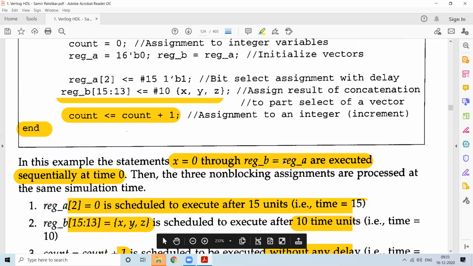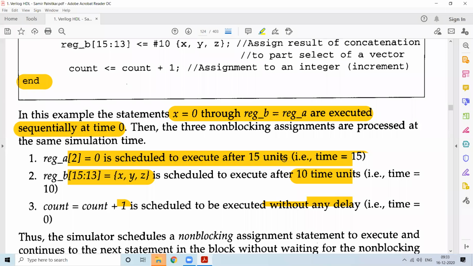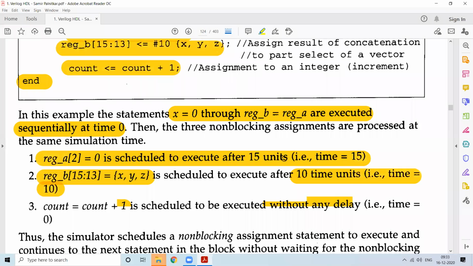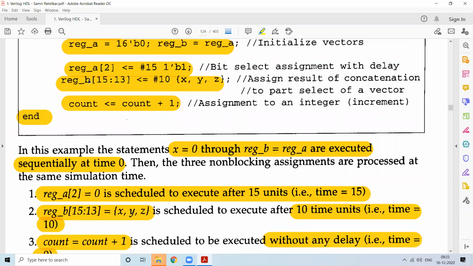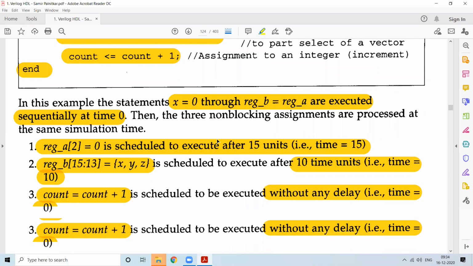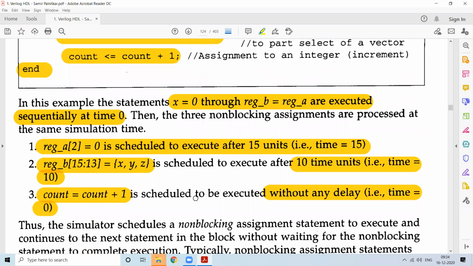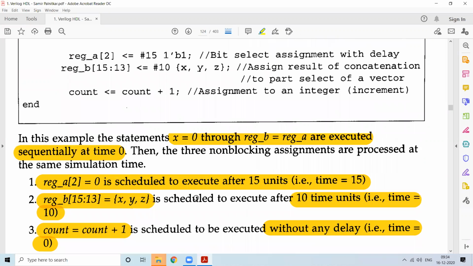So this is what was happening in the case of blocking. If they ask for differences between blocking and non-blocking assignment statements, you can take an example with the same assignments, modify a few of them as non-blocking, specify some delays, and then you can see what the difference will be. So this is how it goes.